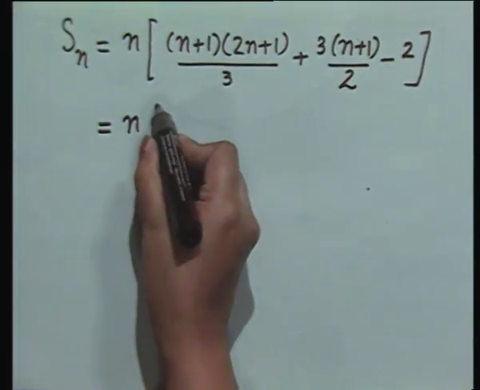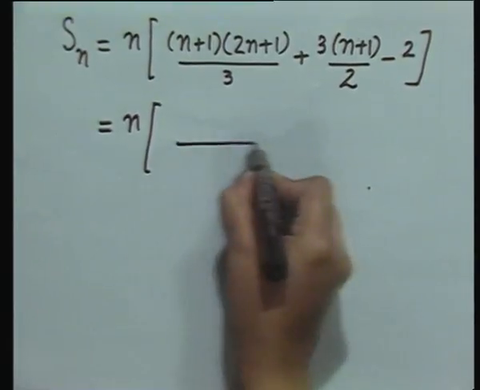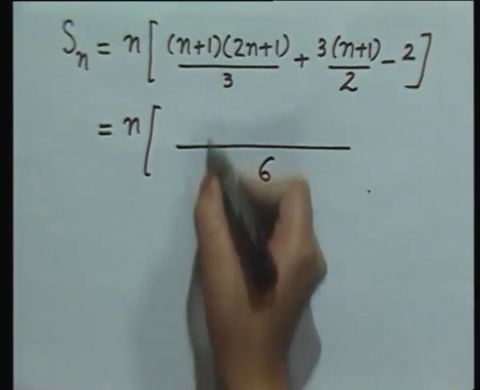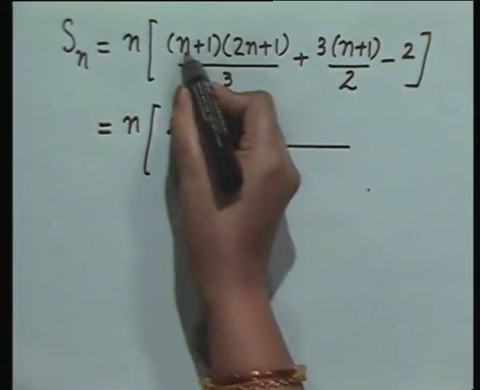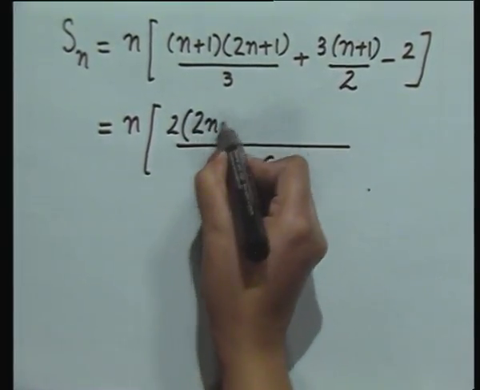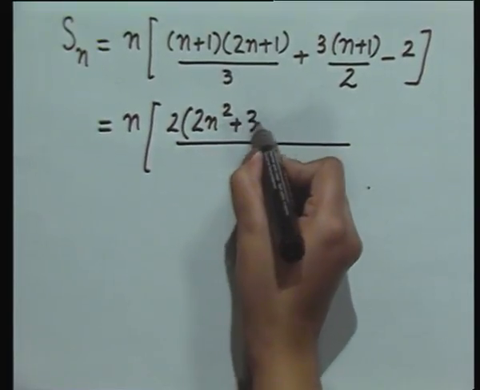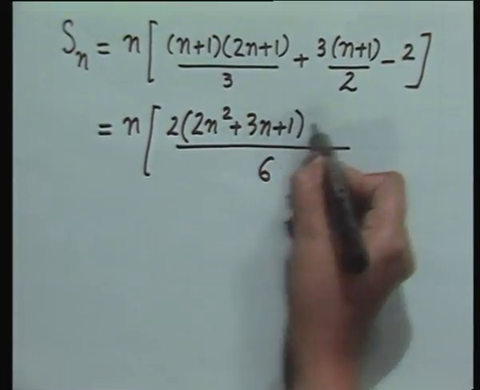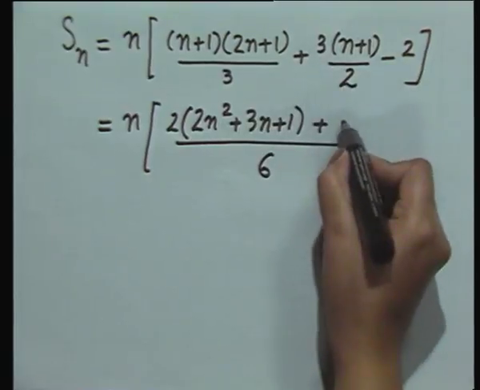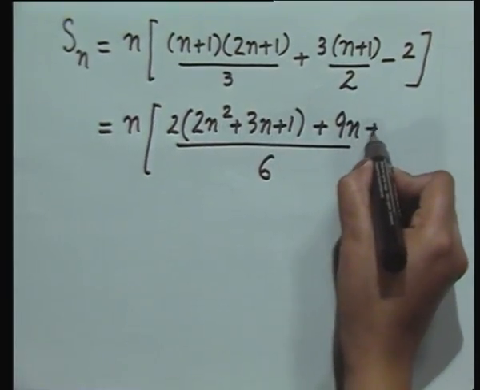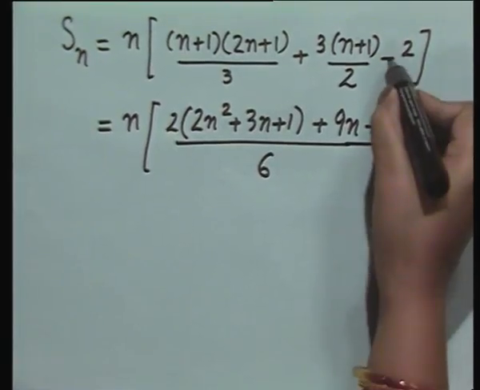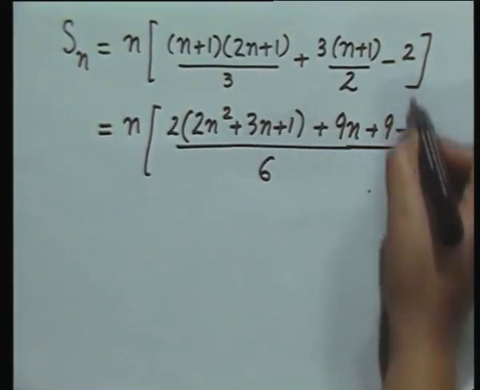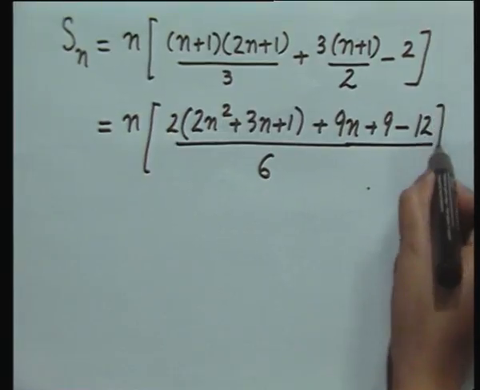Rewriting, this is same as n, and taking the LCM, it's 6. In the numerator, you will get twice of, opening the brackets, 2n square plus 3n plus 1 plus 9 into n plus 1, that is 9n plus 9, minus 6 into 2 is 12.